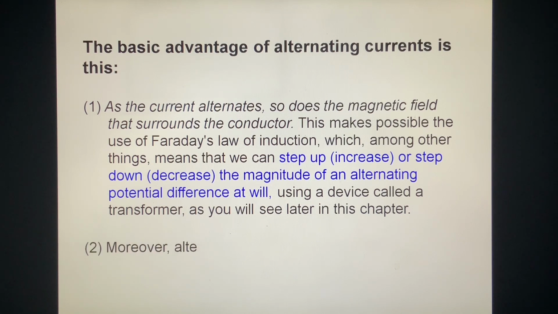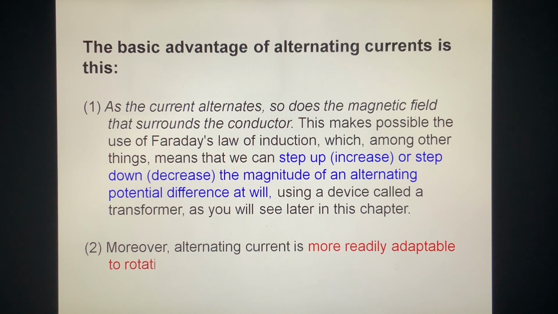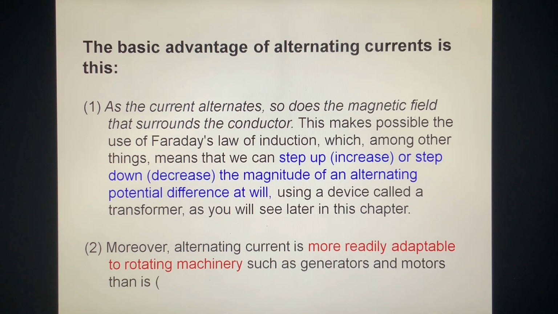2. Moreover, alternating current is more readily adaptable to rotating machinery such as generators and motors than is non-alternating direct current. 3.